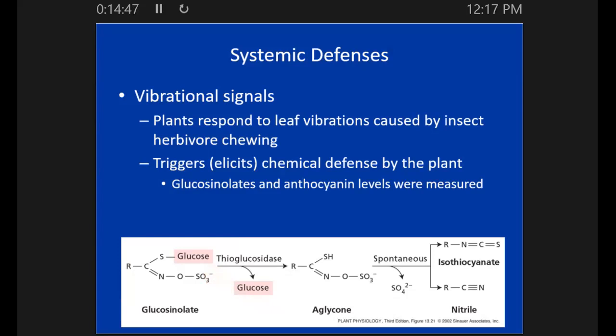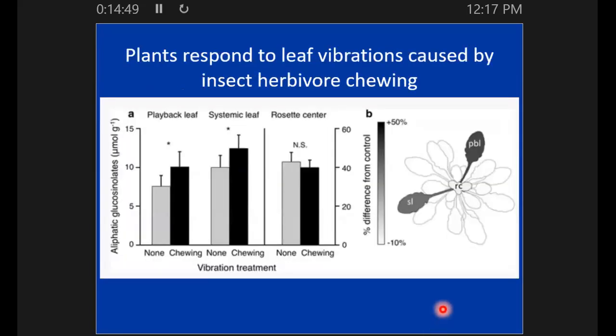So they didn't have, in this part of the experiment, an actual insect, they just had the recording. And so this is data from that plant where the playback leaf is the leaf that actually got clamped on with the recording, and then the systemic leaf was on the other side of the plant, and then the rosette center is just the dead center of the plant.